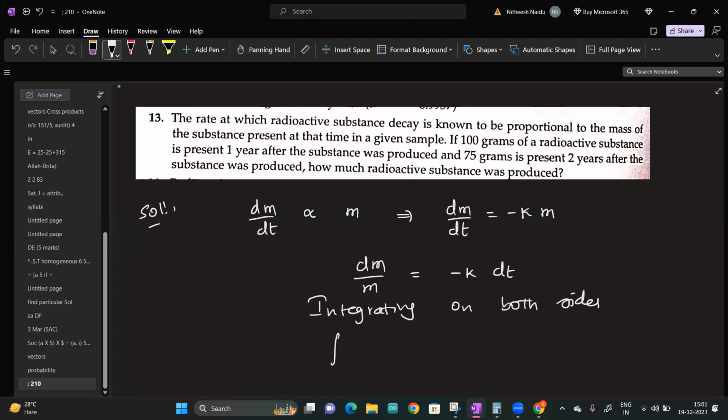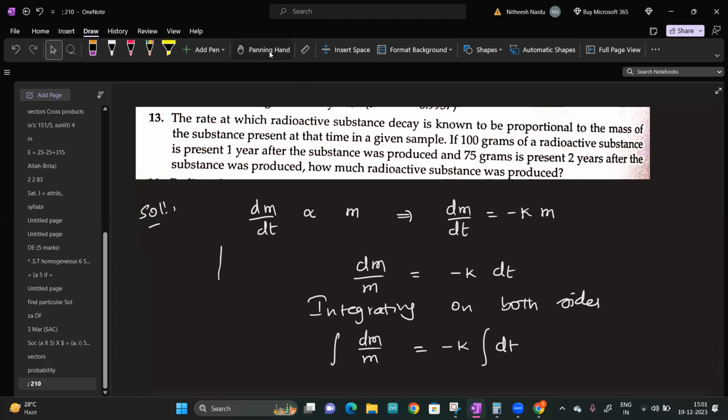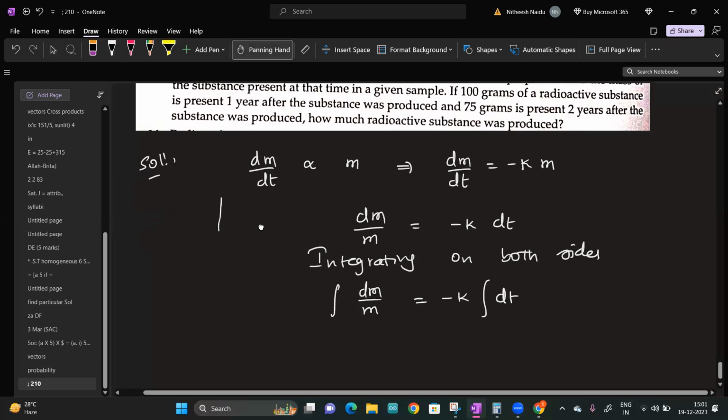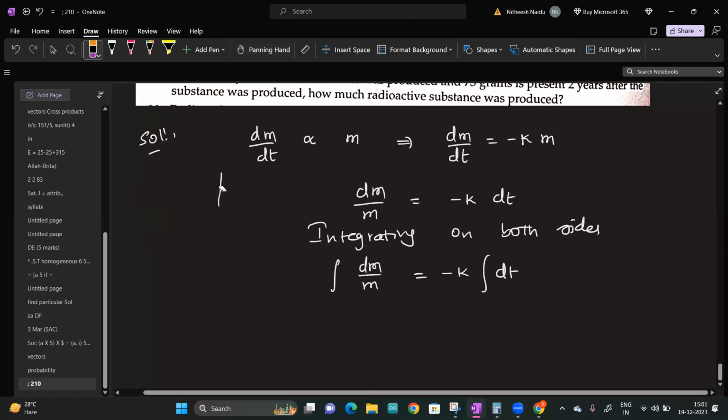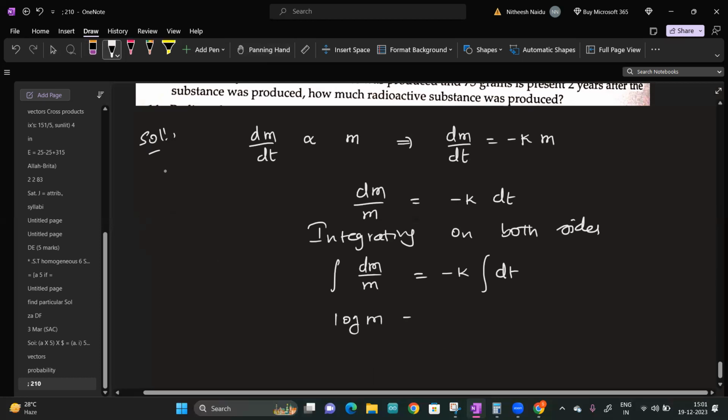Integral dm by m is equal to minus k into integral dt. So this will be log m is equal to minus k into t plus c.